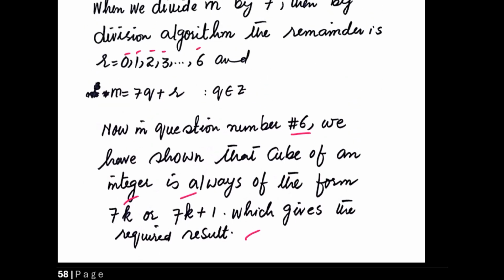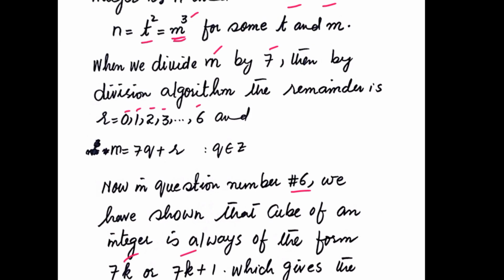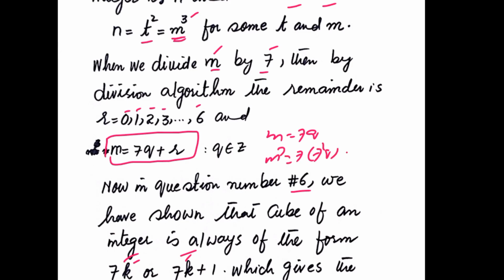In question number 6, we have shown that the cube of an integer is always of the form 7k or 7k plus 1. I have supposed that when we divide m by 7, then by the division algorithm, m is equal to 7q plus r. When you put r equal to 0, your m is 7q. Its cube is 7 into 7 square q cube, which is equal to 7k clearly.